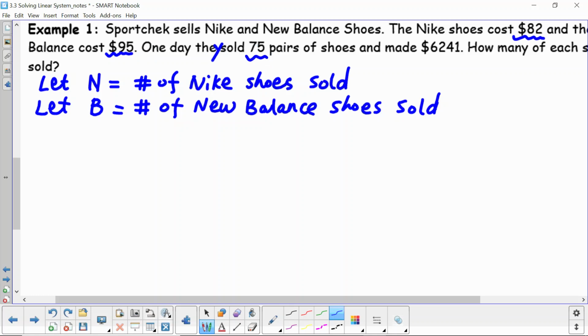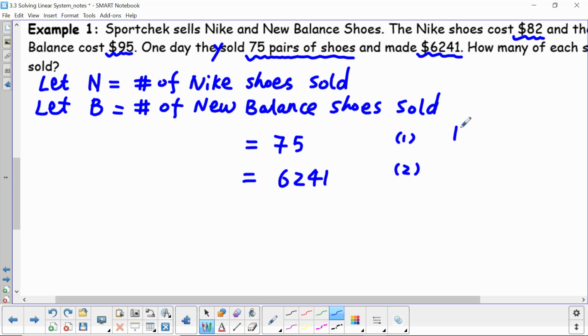We have the total numbers. So we want to write the total numbers on the other side, the total profit to the other side. Okay, so now you are going to write two equations. One is based on the number of shoes, and another one is based on the dollars, the value of the shoes.